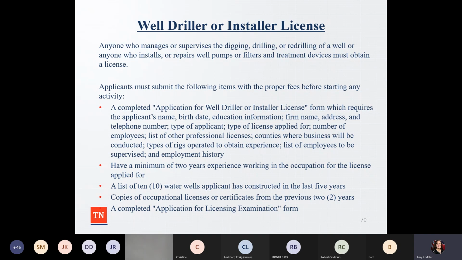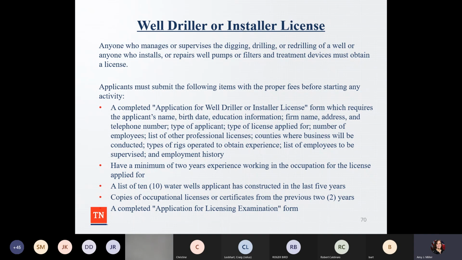occupation for the license applied for, and then a list of 10 water wells the applicant has constructed in the last 5 years, copies of occupational licenses or certificates from the previous 2 years, and an application for a licensing examination form. So again, if you're going to do this, the proof is in the pudding.